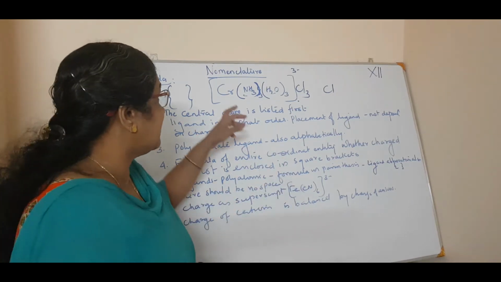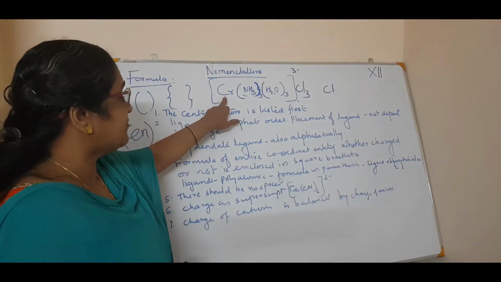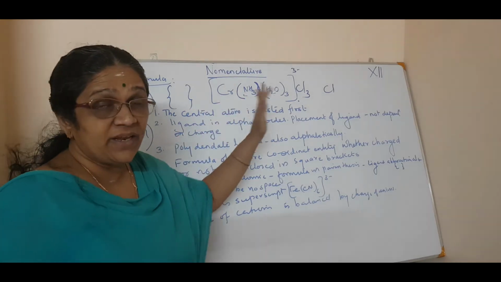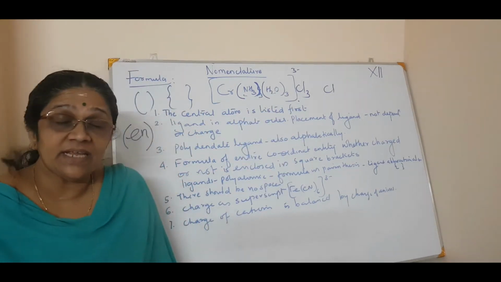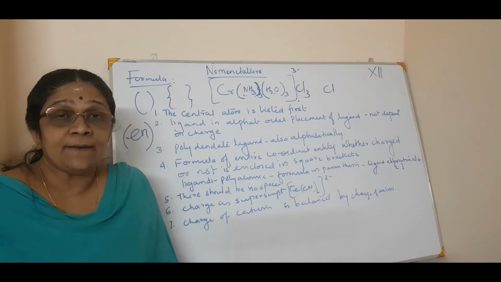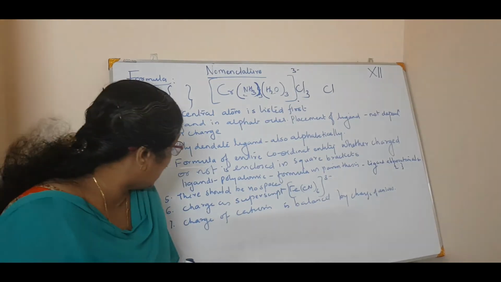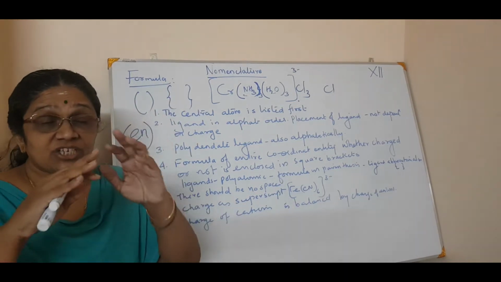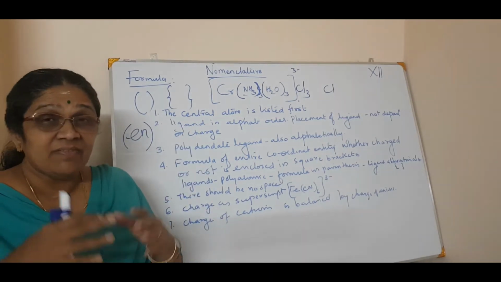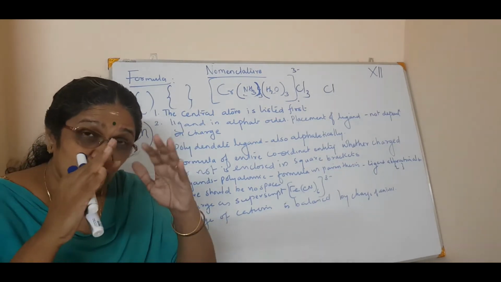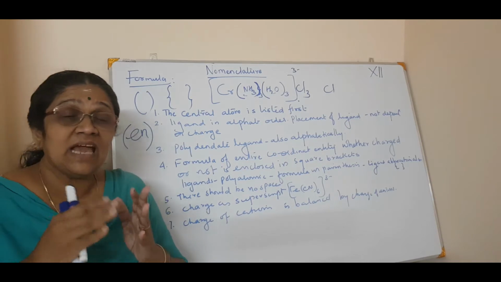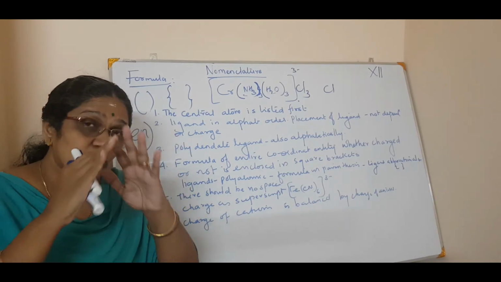See, all the rules are here. The central atom is listed first, then the ligands in alphabetical order, polydentate ligands also in alphabetical order, then the formula of the entire coordination entity must be in square brackets. Polyatomic ligands are also in parentheses. Ligand abbreviations, when used, are also in parentheses.